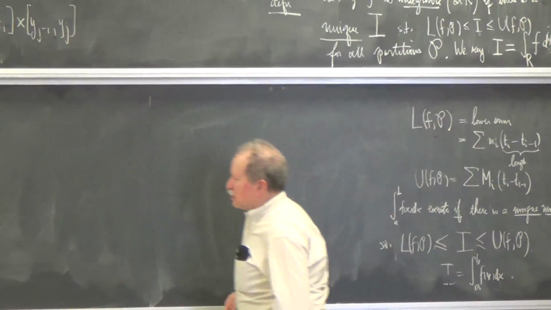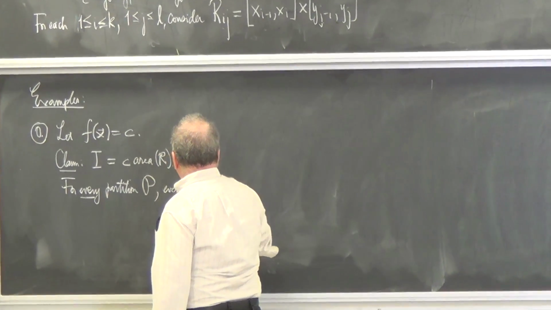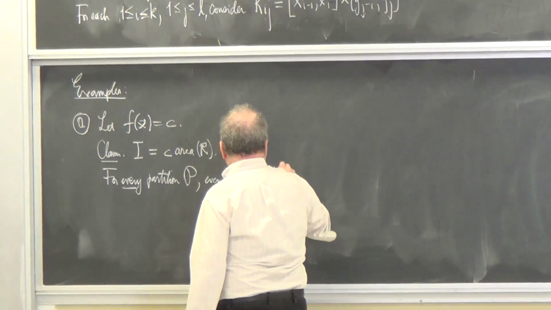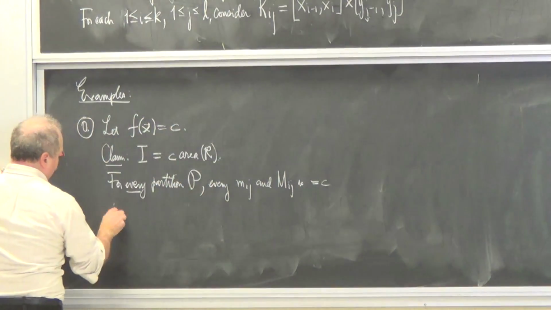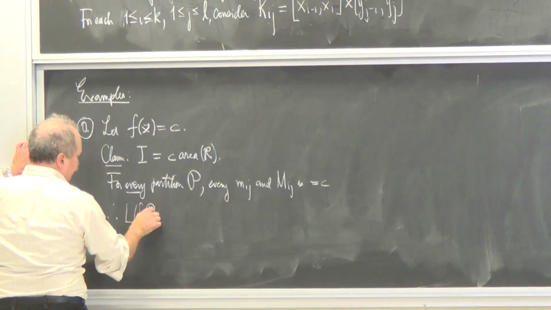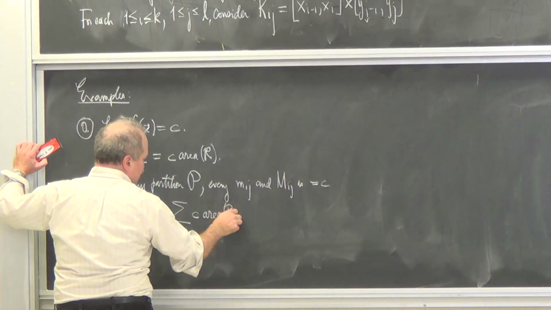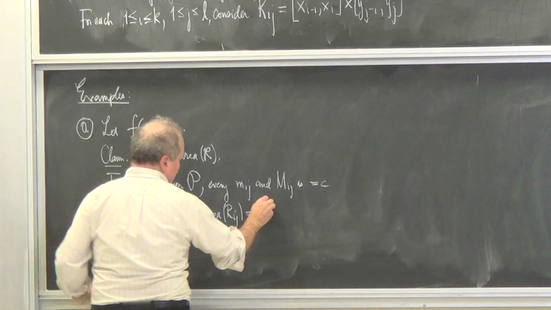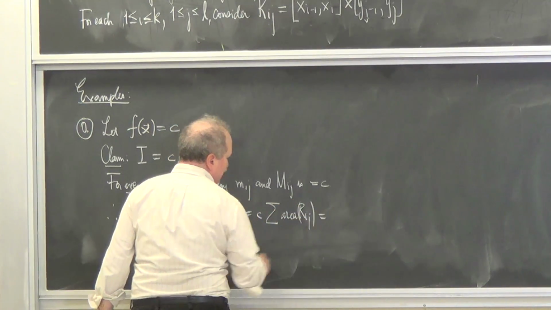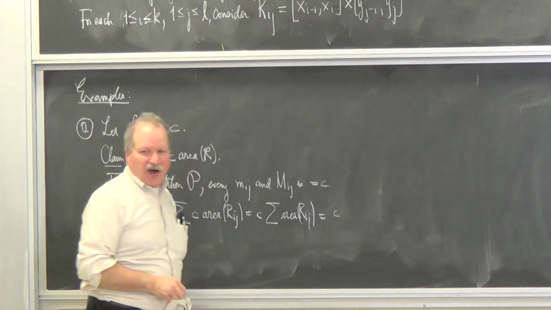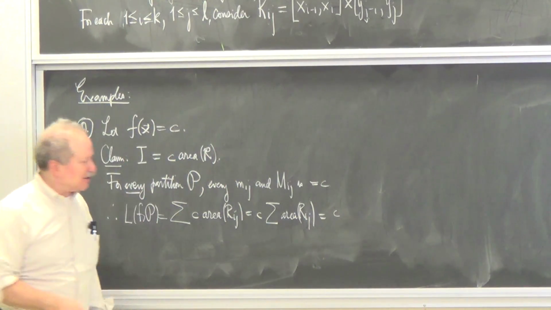So no matter what partition you take, every m_ij and capital M_ij is equal to C. Therefore, every lower sum is the sum of C times area of R_ij, which is C times the sum of the areas. And if you add up a finite number of areas of rectangles that filled up your big rectangle, you've got the area of the big rectangle.